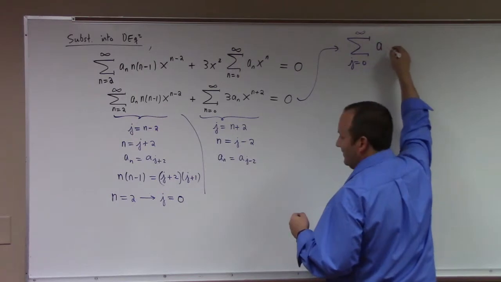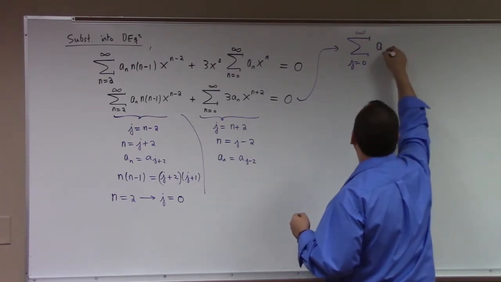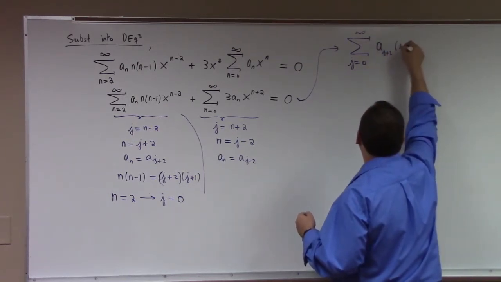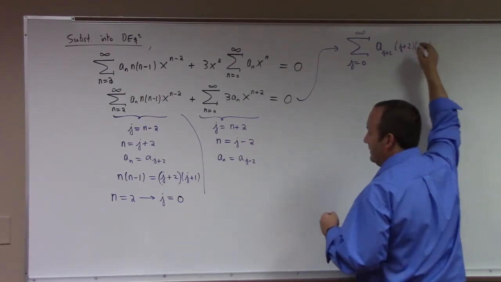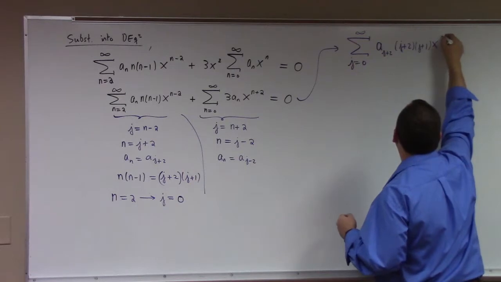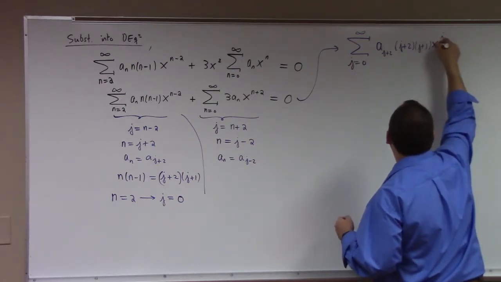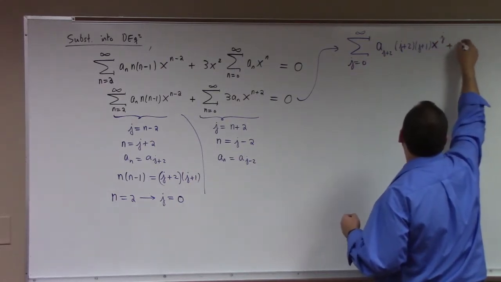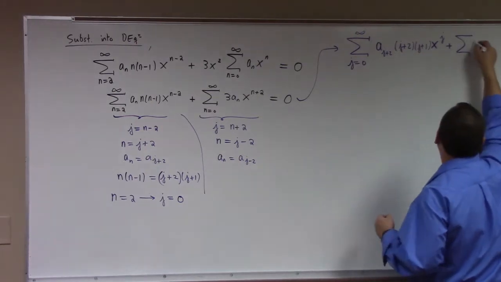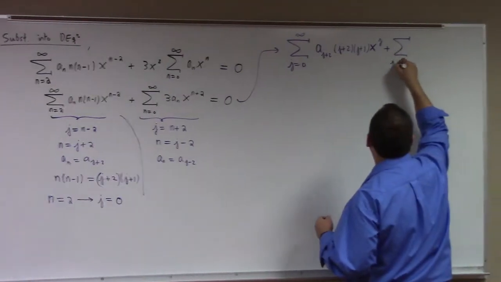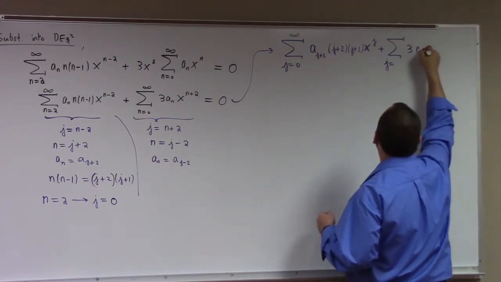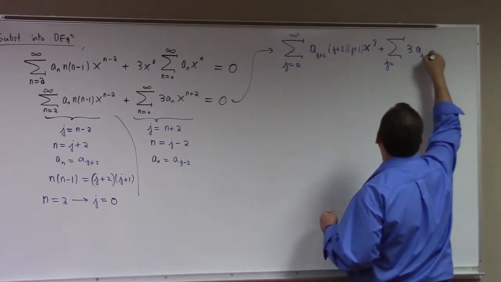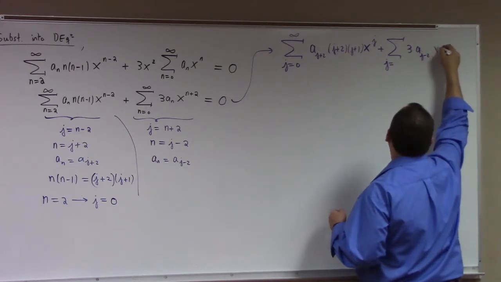That's a sub j plus 2 times j plus 2 times j plus 1, x to the power j, and then plus the sum, j equals something. And then we've got 3 a sub j minus 2, x to the power j.